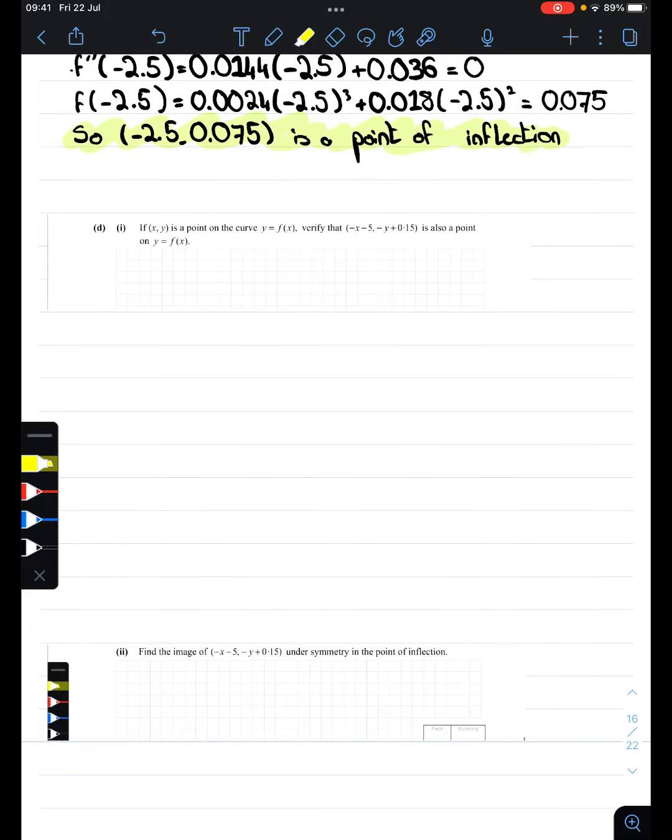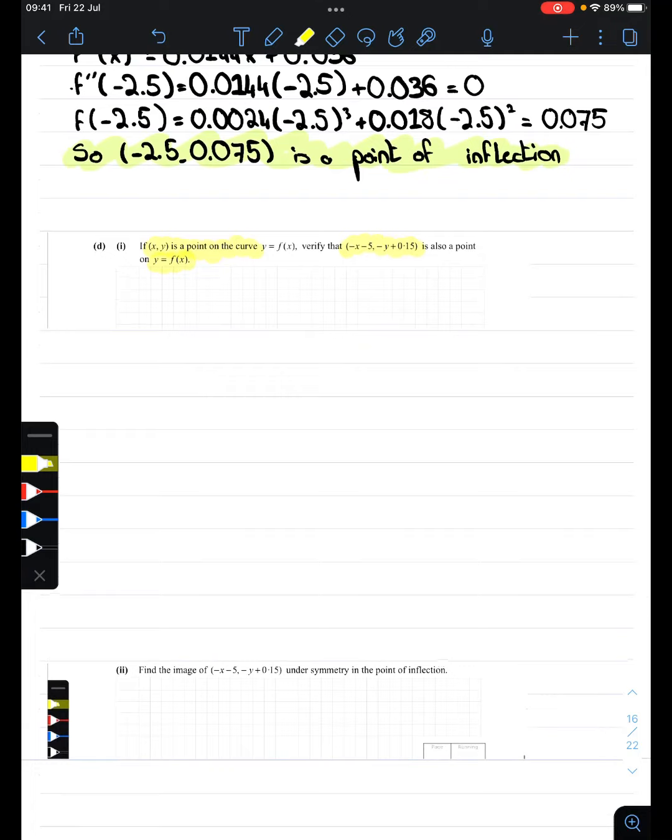Now, part D of this question is difficult. Alright, so we have: if (x, y) is a point on the curve, verify that (-x-5, -y+0.15) is also a point on the curve. Alright, so let's try and figure out what this means.